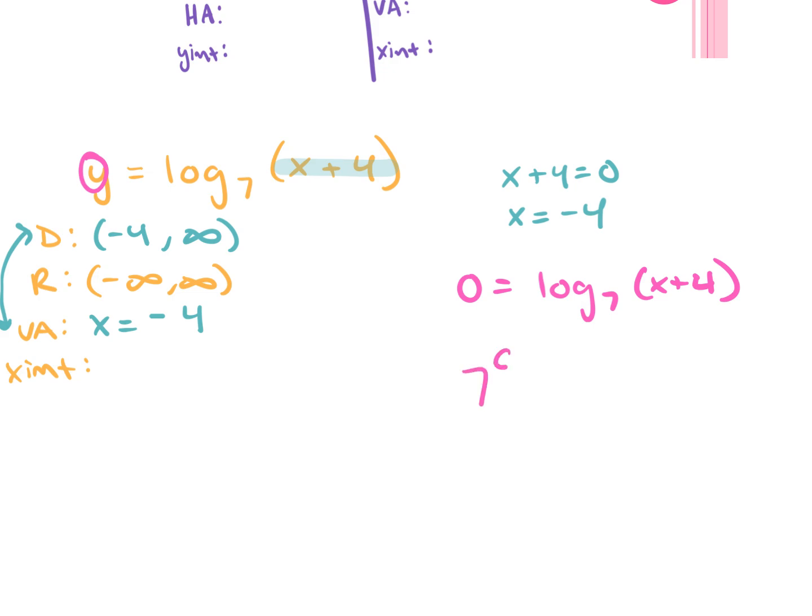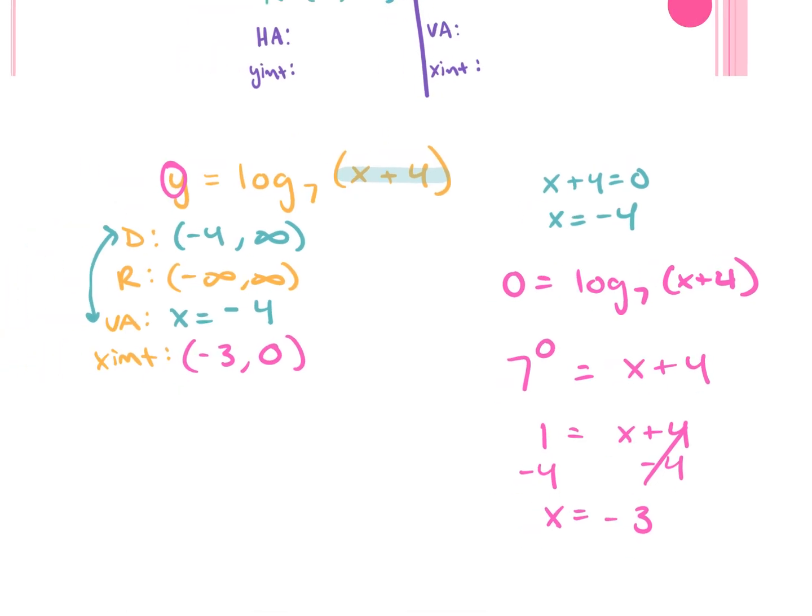So 7 to the power of 0, because we plugged in 0 to y. So 7 to the power of 0 equals x plus 4. Now from here, we can just solve for x. What's 7 to the power of 0? 1 equals x plus 4. Subtract 4 on both sides. So x equals what? Negative 3. So we have (-3, 0) for our x-intercept.